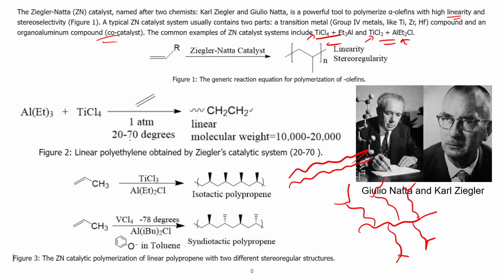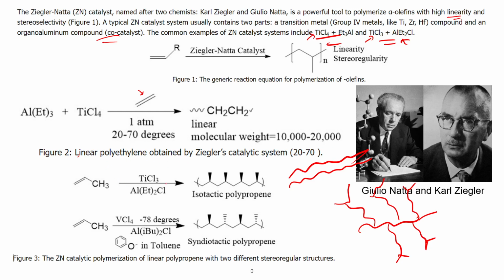With 20 to 70 degree heat conditions in presence of these two reagents, a normal alkene unit can be polymerized and generate this long linear form. And molecular weight you can achieve up to 10,000 to 20,000. So this much molecular weight can be achieved.